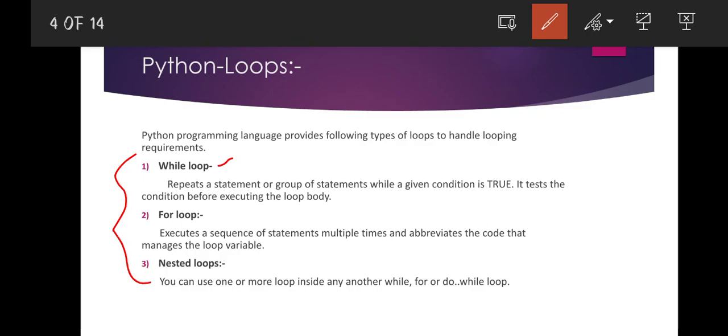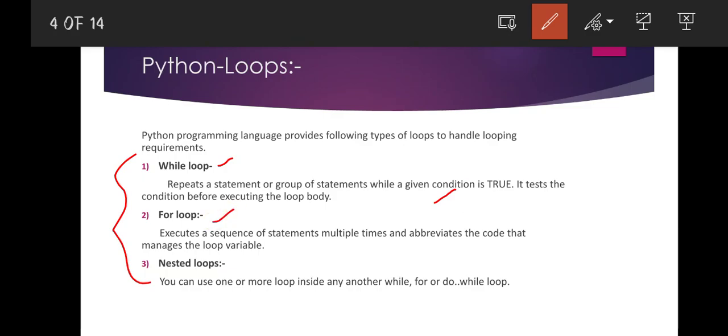The while loop repeats a statement or group of statements while a given condition is true. In a while loop we first write the condition. If the condition is true, it executes the block of statements inside the while loop. Otherwise it executes the statements outside the loop. The second one is the for loop.